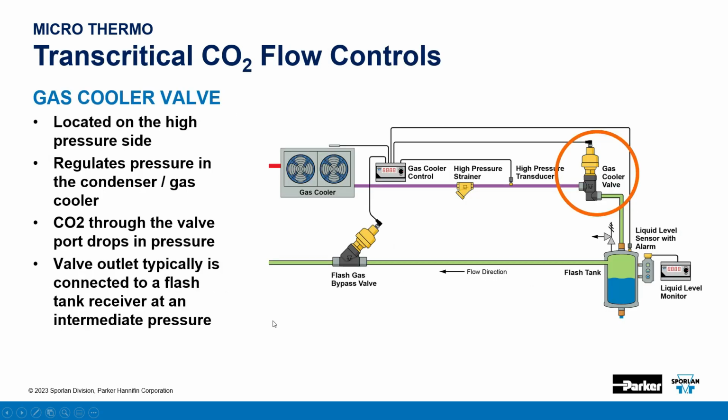Now, when we're using it as a gas cooler valve control, what we're doing is the condenser becomes a gas cooler when the CO2 goes beyond the critical point.